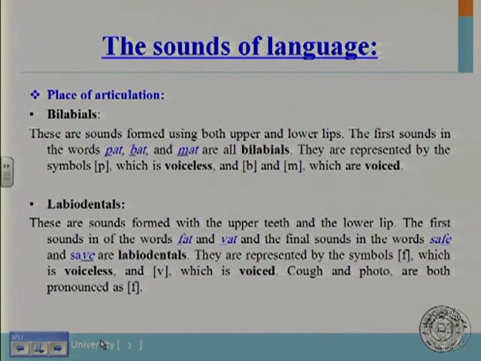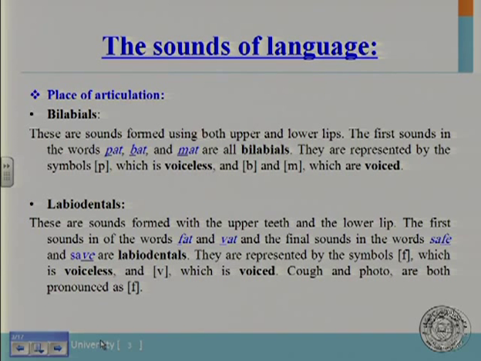The place of articulation, we started with bilabials. And we said that these are sounds formed using both upper and lower lips. The first sounds in words like, for example, pa, as in pat, or ba, as in bat, and ma, as in mat.